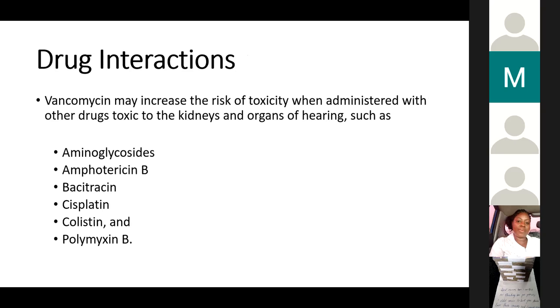When you give vancomycin in addition to any of these medications, it can increase the risk of toxicity, especially toxicity to the kidneys and the ear. Aminoglycosides, we know, are ototoxic and have renal toxicity. So when you give them in addition to vancomycin, you increase this risk.